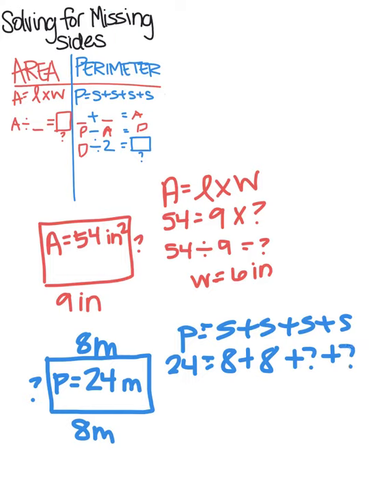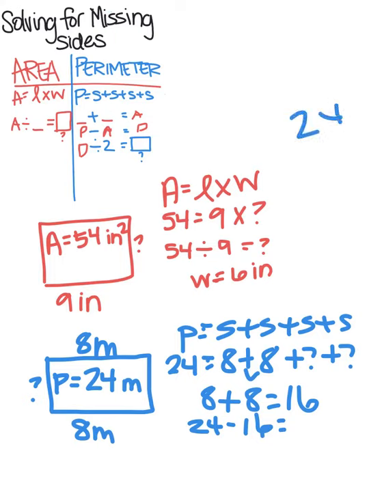So remember, my steps are to add, subtract, and divide by 2. So I'm going to add 8 plus 8, which is my given, and I get 16. Now I'm going to take that 16 and subtract it from my whole, which is my 24. 24 minus 16. Oh, I can't do that in my head. I'm going to have to work it out.